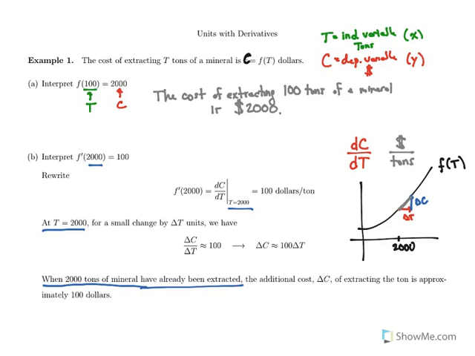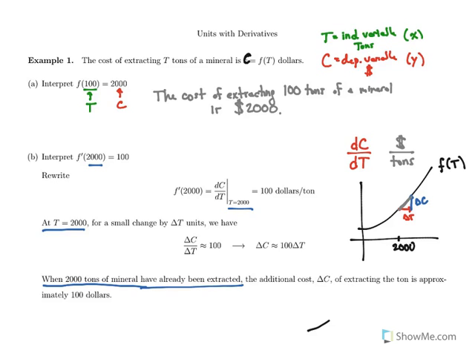When that is the case, the additional cost, that is delta C, of extracting one more ton is approximately $100. So if I need to add one more ton to be extracted, the cost of that is $100.